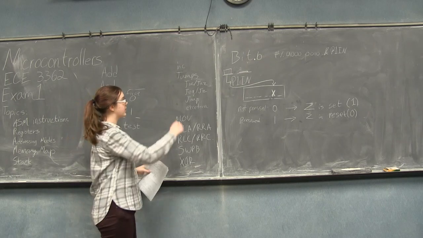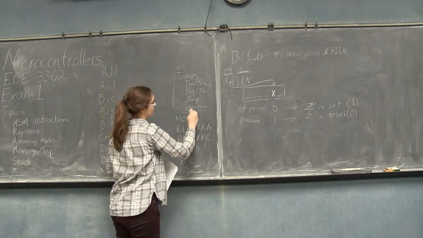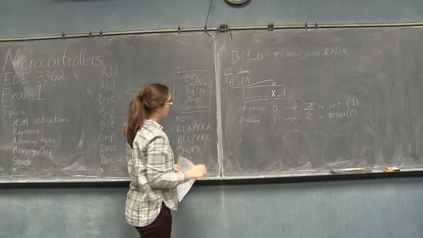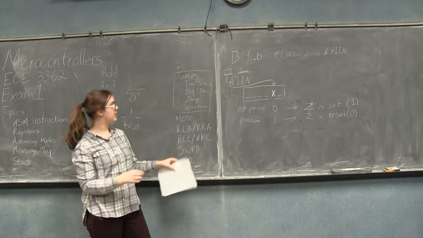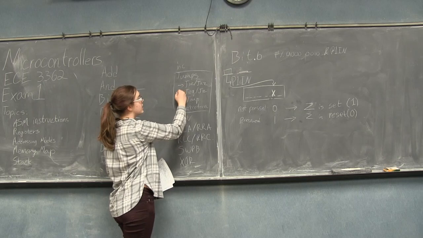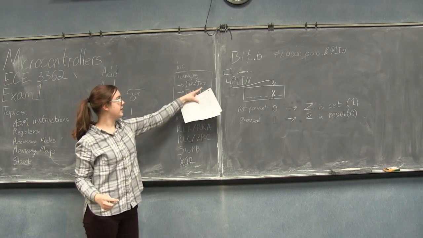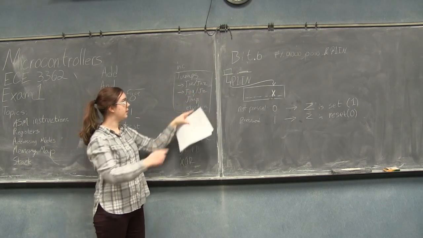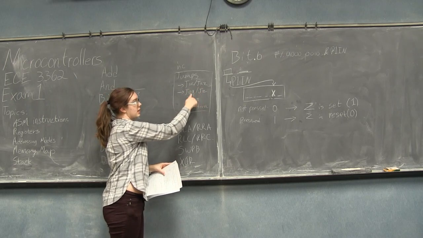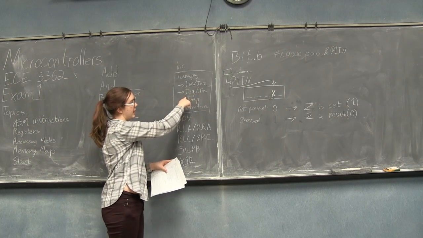So there's a class of instructions, the branches, that are used to jump. And these two right here, jump if not equal, or jump if not 0, and jump if equal, or jump if 0, these two things each mean the same thing.